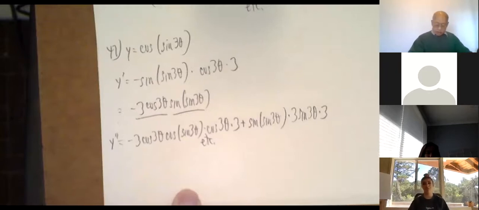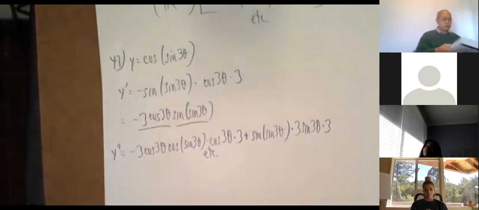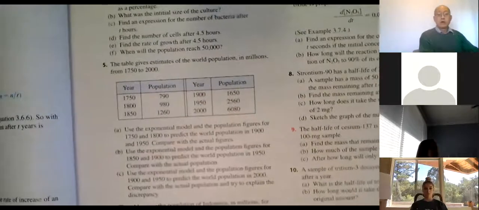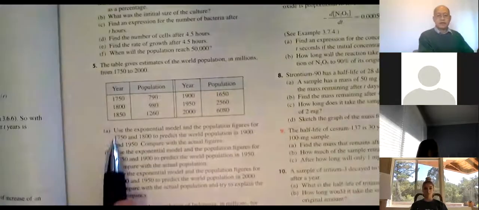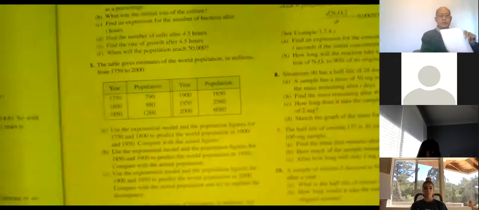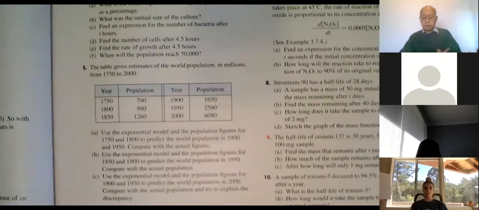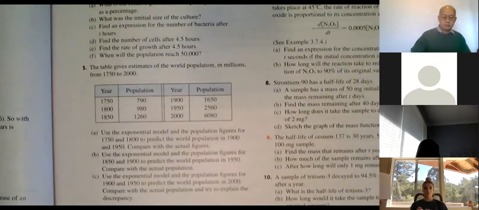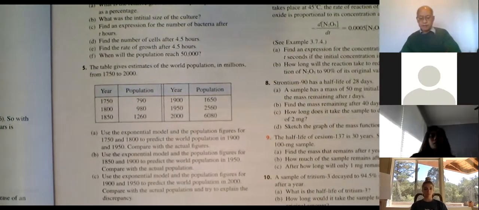Let's see, only 5 minutes left. 3.8, number 5. Okay, so there were several parts to it. Maybe I'll just get started with A. Okay, so let me get down the key data for that one.